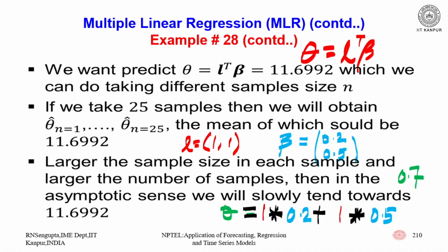The larger the sample size in each sample, that is the blocks of 5,000, and the larger the number of such samples, which I mentioned as 25, then in the asymptotic sense the beta hats individually will slowly turn out to be the corresponding beta values for the population.